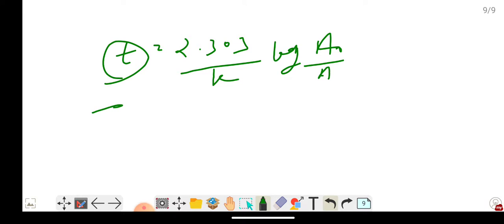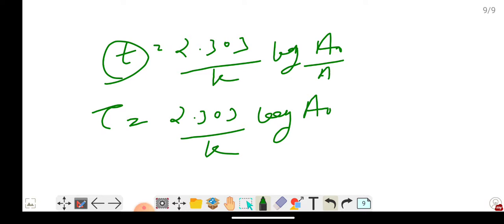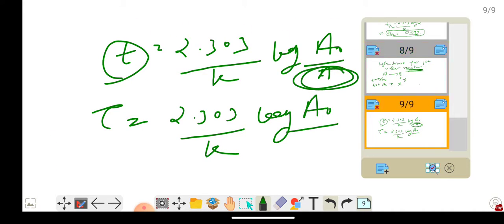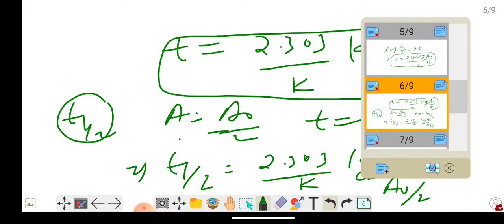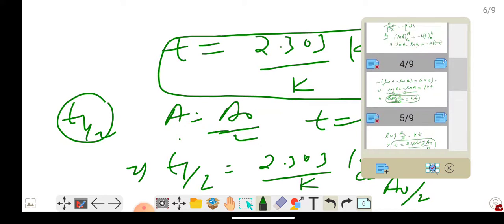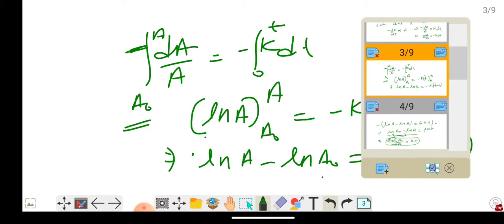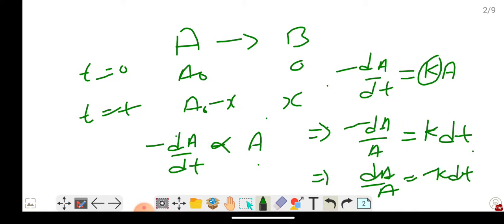Now total lifetime means tau is equal to 2.303 by k log A naught by A. A naught is a constant, so it remains as it is. Reactant becomes 0 at t is equal to tau.